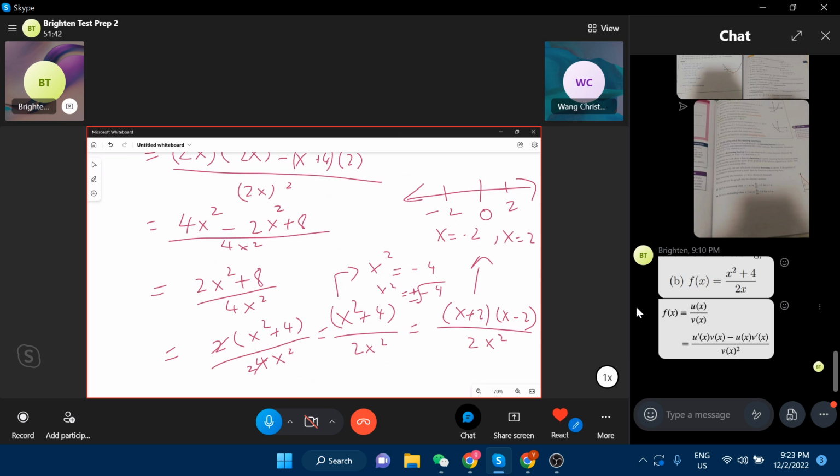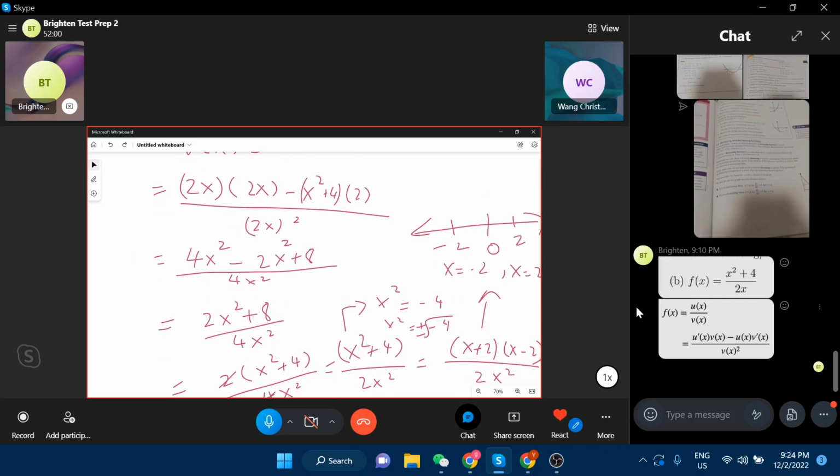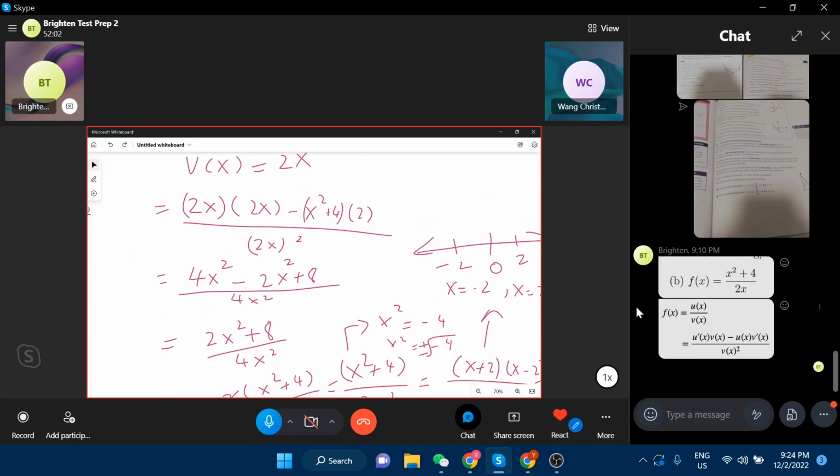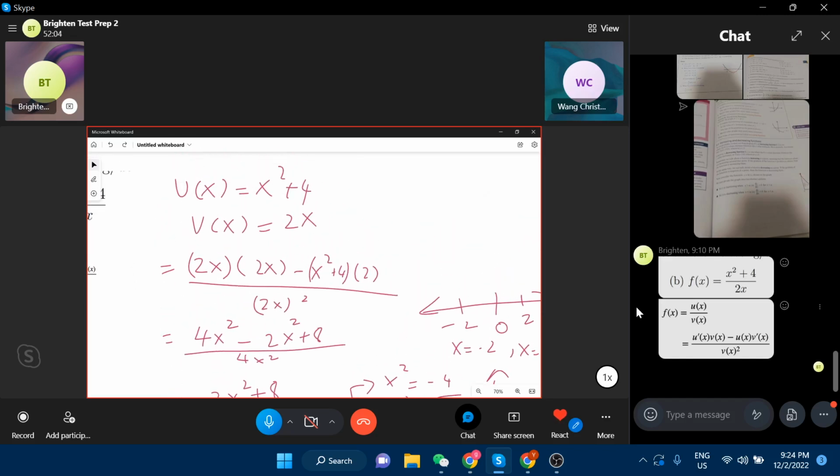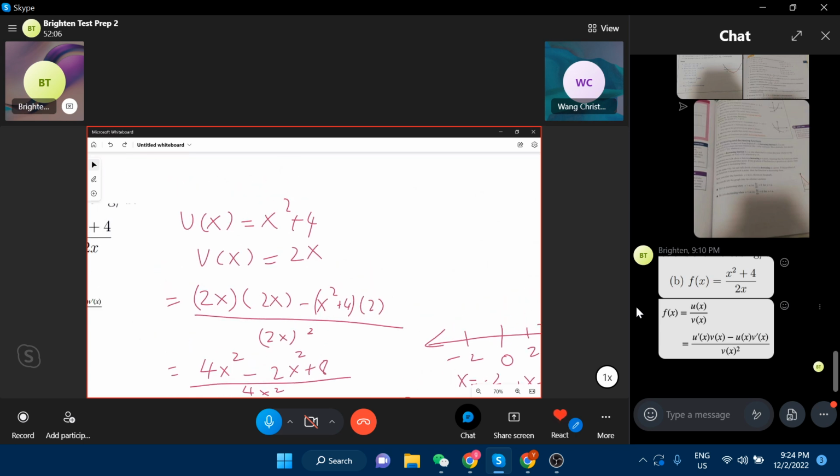Wait, then, so plus and minus root. Wait, did I make a mistake? Let me just double check. So 2x is correct. Okay.